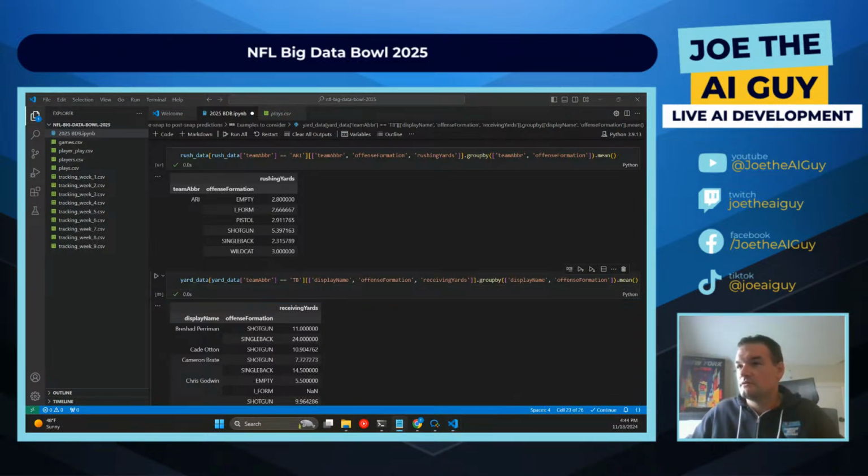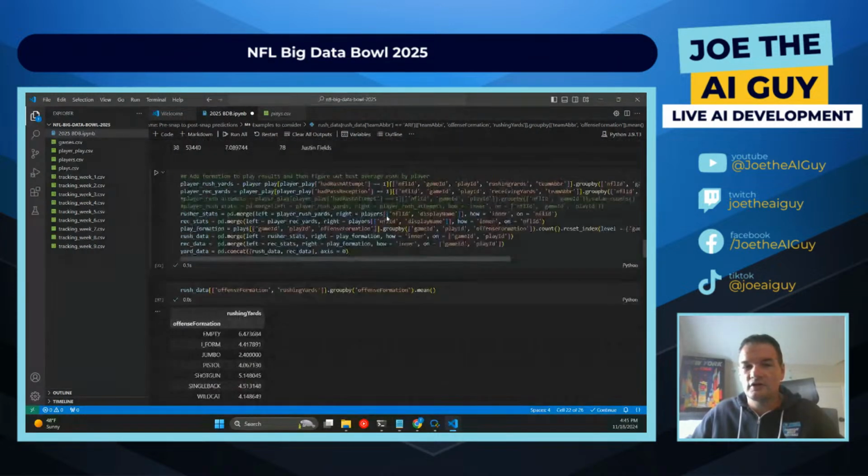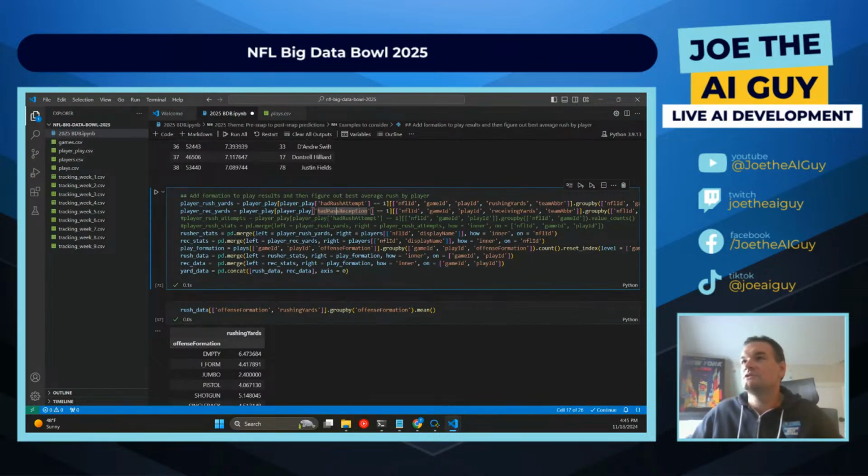So let's go to the list. Let's try and work back here. I'm going to try and find the list of fields to see if there was a pass reception. We know what that outcome is, but can we break it down so we can see even if there was a pass attempt on the play?